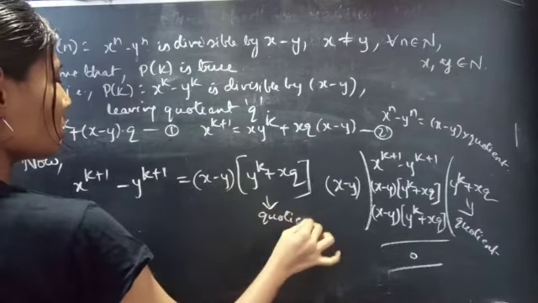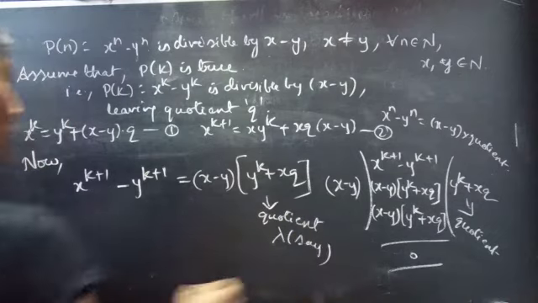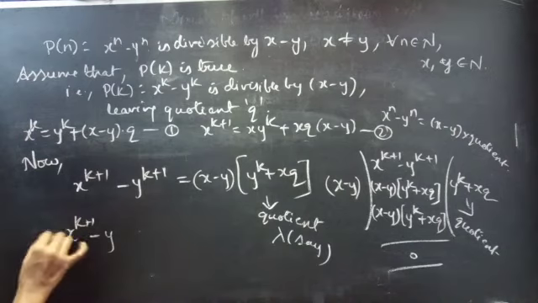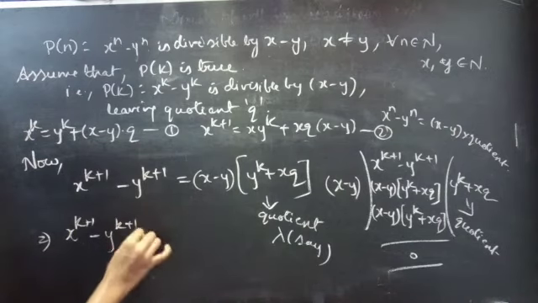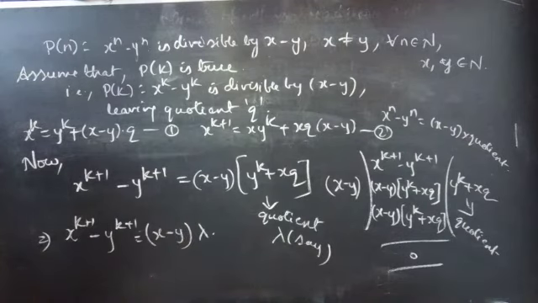So you can just name this as some lambda, say. Then x power k plus 1 minus y power k plus 1 equals x minus y into lambda.